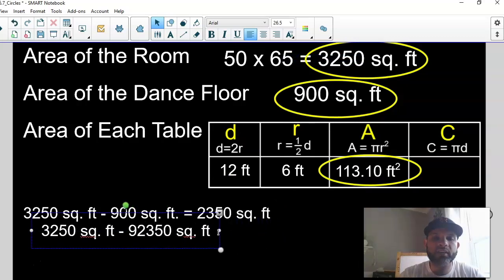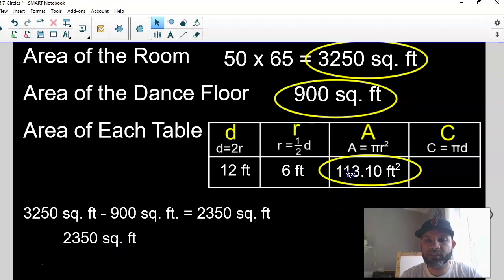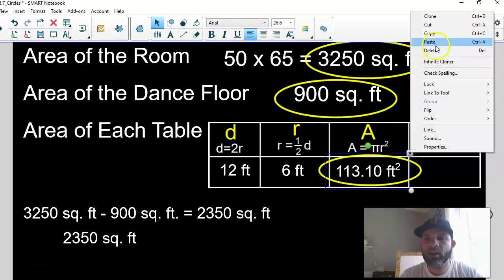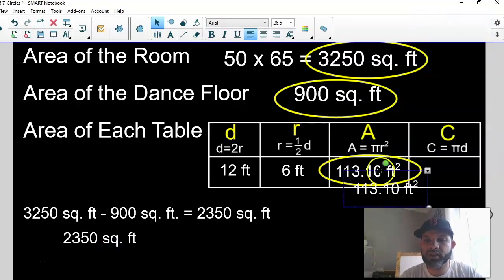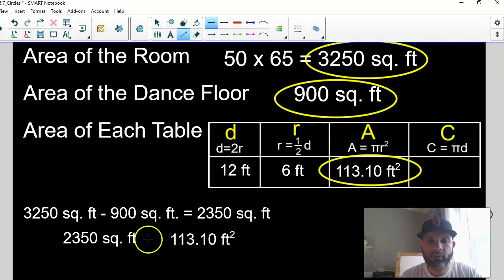We know we've got to use this. How many 113.10s can we fit into 2,350 square feet? You know what we're talking about here?